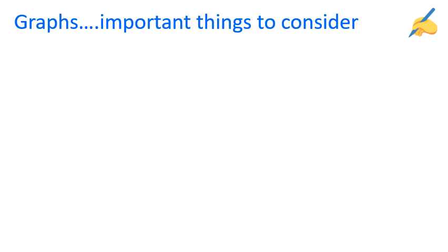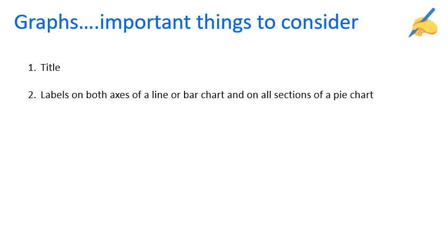So these are the important things to consider when looking at graphs. The title, letting us know what it's about. The labels on both axes of a line or bar chart and on all sections of a pie chart, so everything labelled. The source of the data, so where it's coming from.